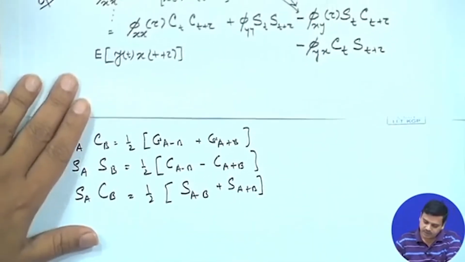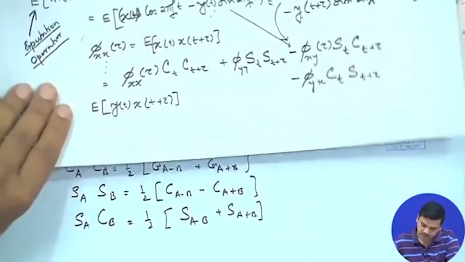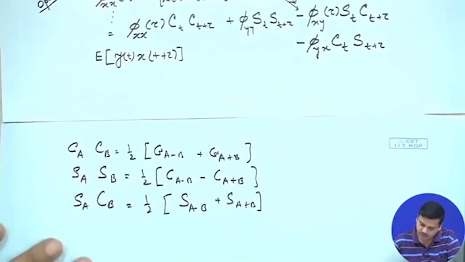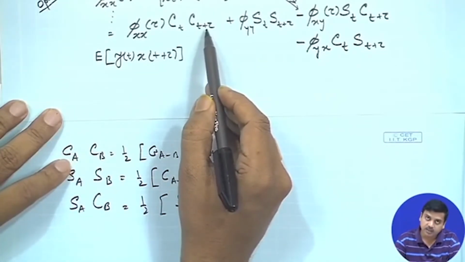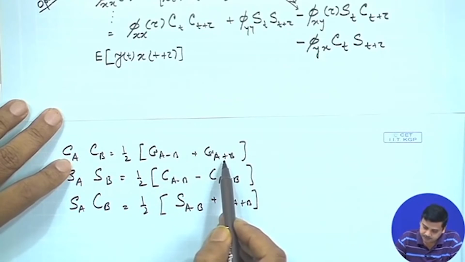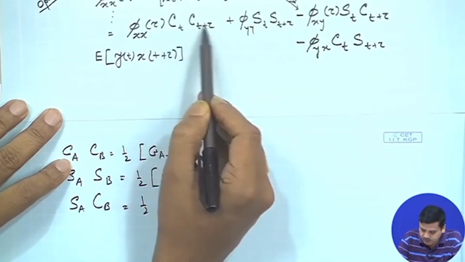So, equipped with these, and when we see this particular expression above, this is sufficient for us. What we can say is cos(a plus b), that is here, we can expand in terms of cos(a minus b), cos(a plus b).